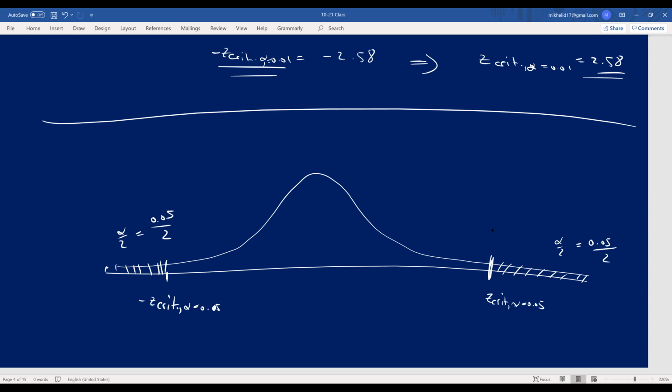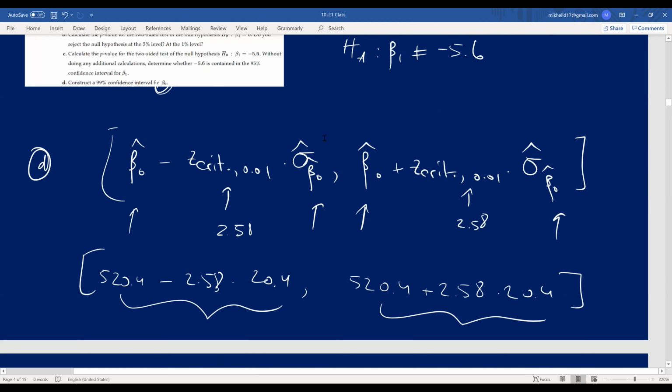We know this z critical is 1.96, and minus z critical is minus 1.96. Up until now, am I clear? Yes. Do you remember that our t stat was what? It was minus 2.6335 above.